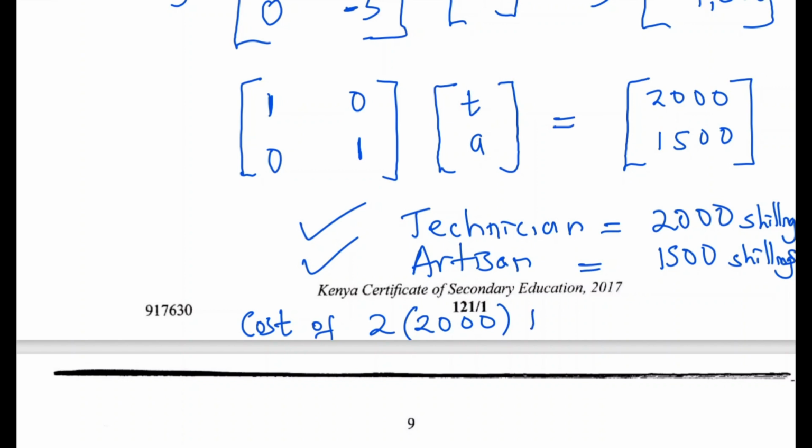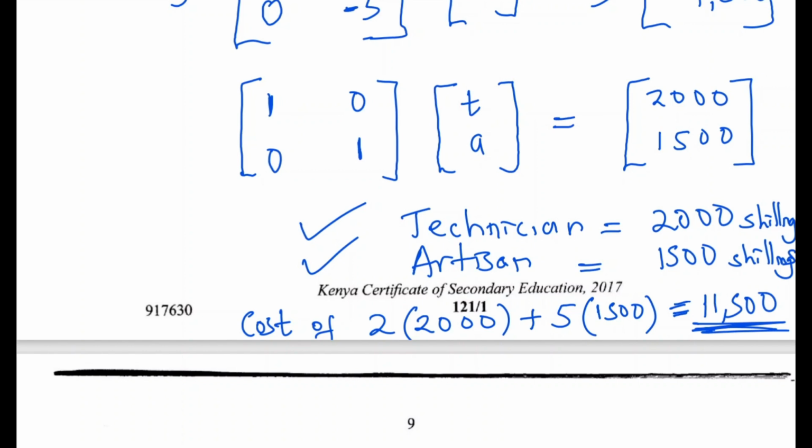So 2 technicians and 5 artisans. But 1 artisan is paid 1,500 shillings. So now we can take 2 times 2,000, which is 4,000. Add that to 5 times 1,500, which is 7,500. When we take 4,000 plus 7,500, we shall get 11,500 shillings. And this is the cost of hiring 2 technicians and 5 artisans in a day.